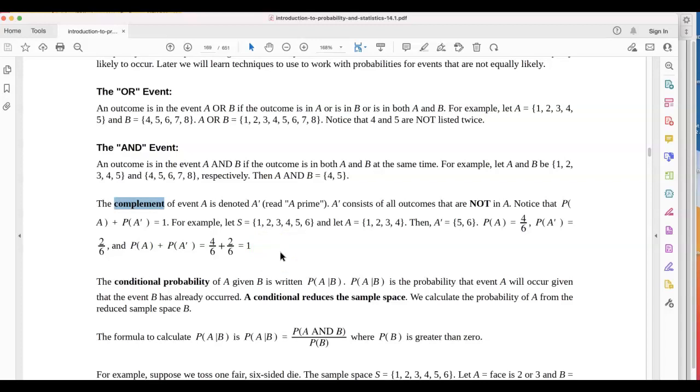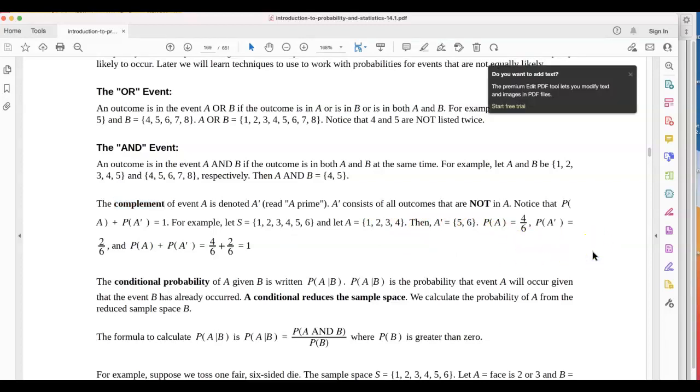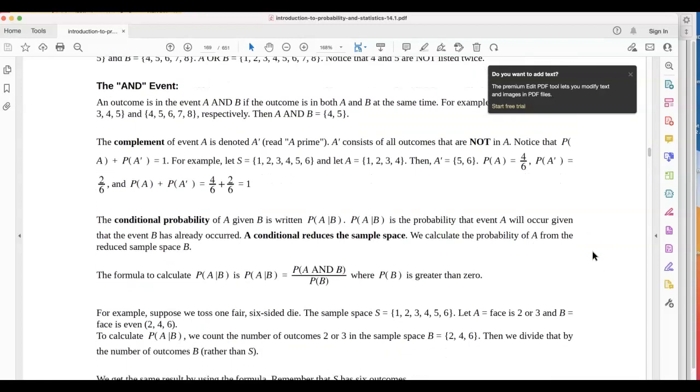You're going to deal with and events, or events, complements of the event, and you're also going to be dealing with conditional probability. That means that something has already occurred. This is written as P of A given B. That's how we read it.